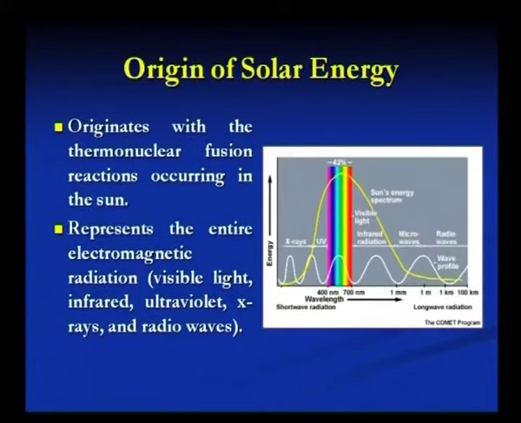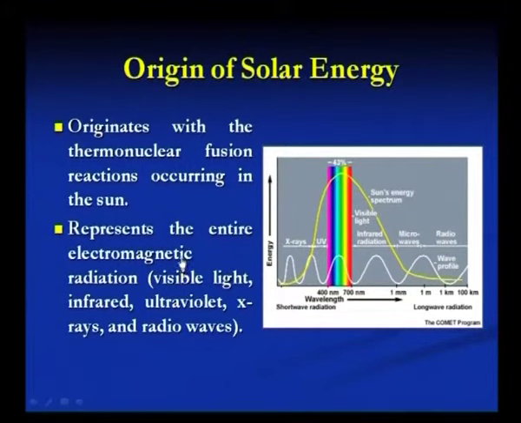That is the source or origin of solar energy in the sun. It basically represents the entire electromagnetic radiation. All the radiations formed when such fusion reactions take place can be grouped into various regions, and the whole spectrum is called electromagnetic radiation or the electromagnetic spectrum.